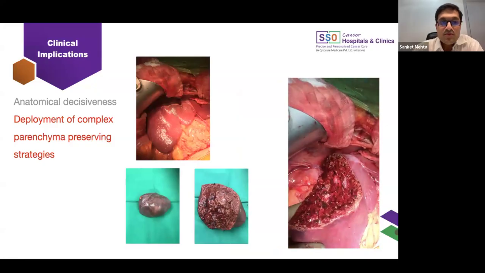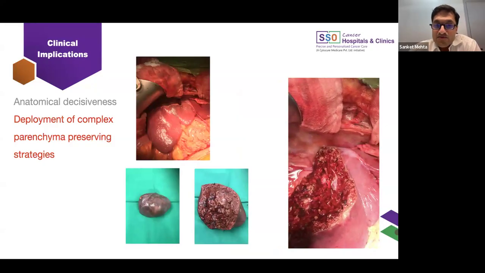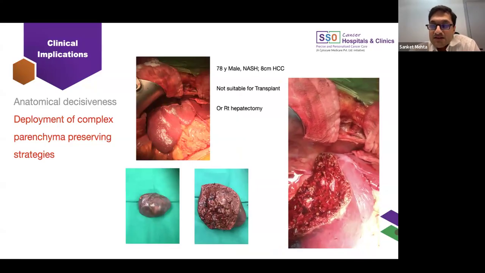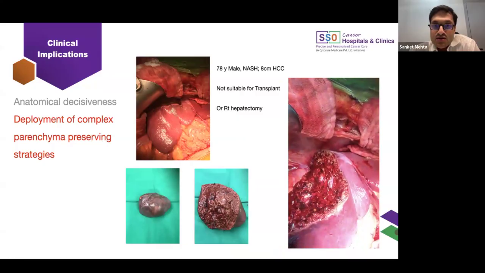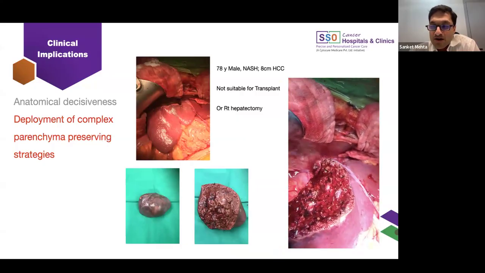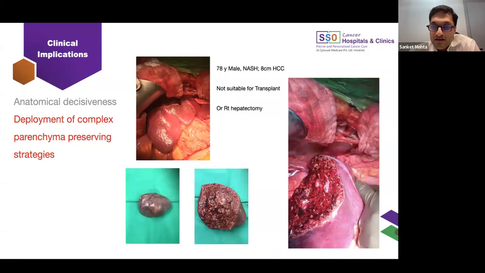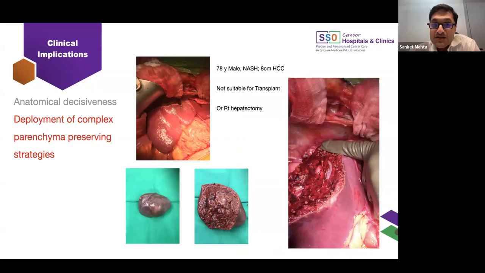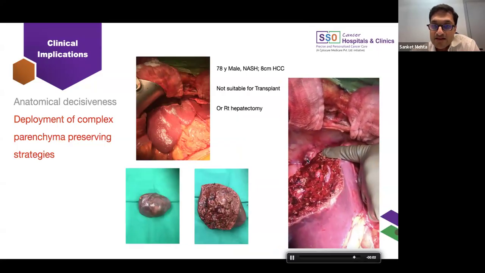It also helps us deploy certain other things. For example, this patient is a 78-year-old with NASH with an 8-centimeter HCC, so not suitable for transplant, not suitable for a right hepatectomy, and involving the right hepatic vein, which you can see is resected out there.